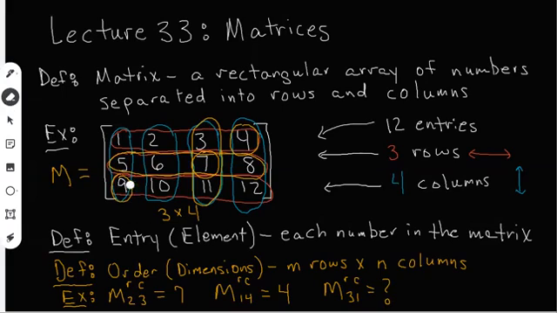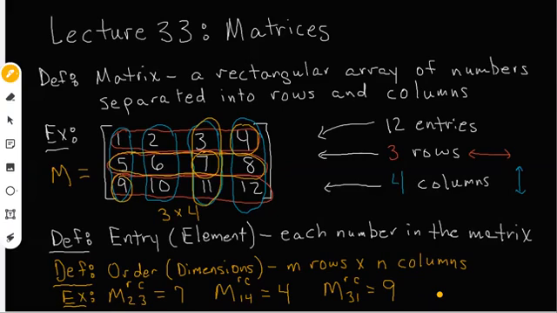Because it's in the third row, right? But it's also in the first column. And that row and that column meet up at 9. So that's going to be my answer for this one. What number is in the third row, first column? That is going to be 9. Okay? So I'll leave this up there for a little bit so you guys can get it. And then we'll move on to the next topic.